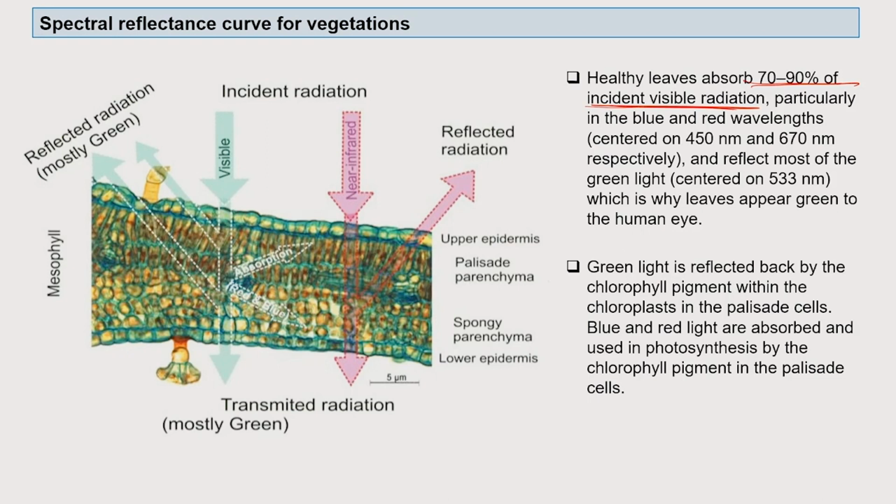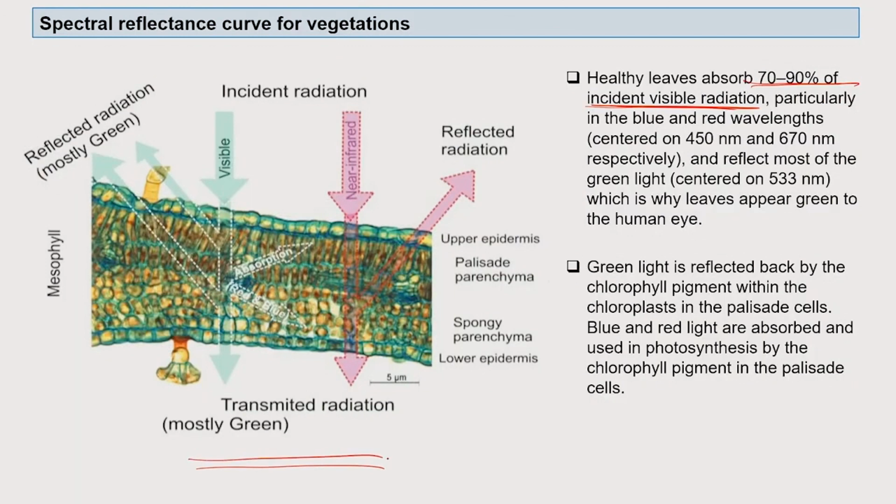Now green light is reflected back by the chlorophyll pigment within the chloroplast. Okay, so blue and red light is absorbed inside the plant for photosynthesis by again the chlorophyll pigment which is there in the palisade cells. Now look at this figure on the left hand side. This is a plant leaf internal structure.